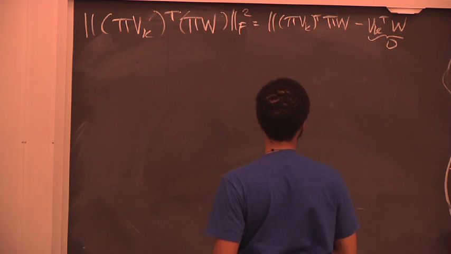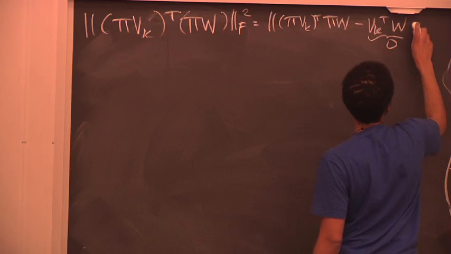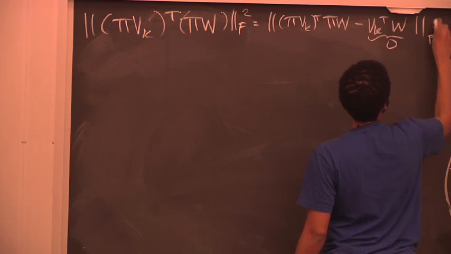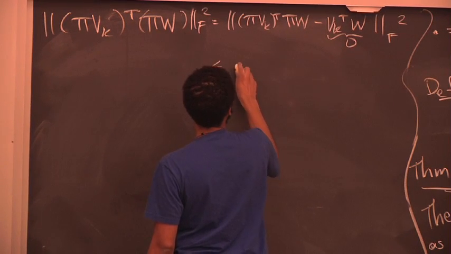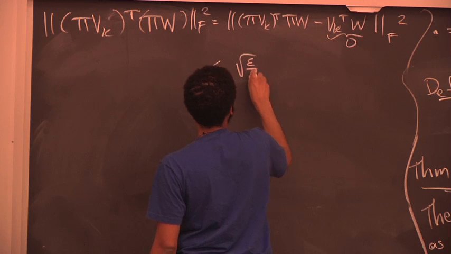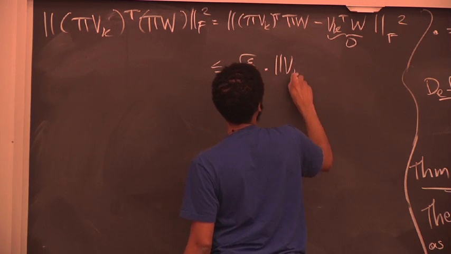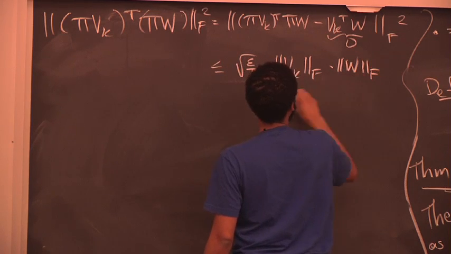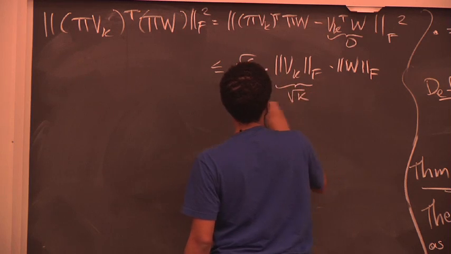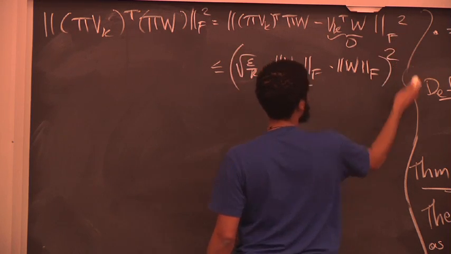Actually, yeah. And by the AMM property, this thing is at most root epsilon over k times the Frobenius norm of vk times the Frobenius norm of w. This is root k. And then it's squared, so squared.